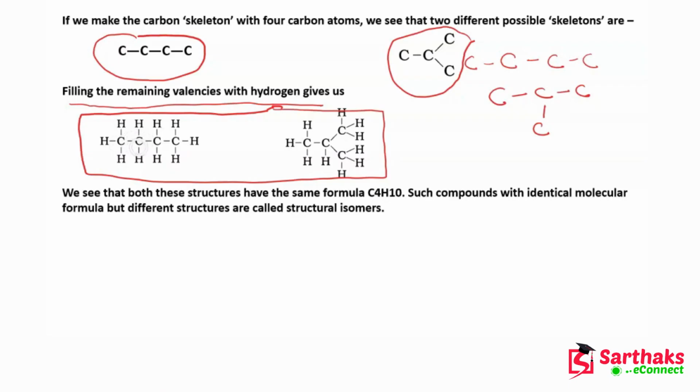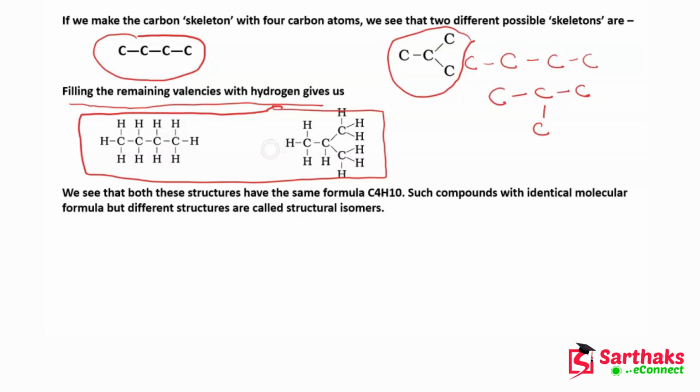Here also you can see that all the valencies of carbon are satisfied, 1, 2, 3 and 4. The same way the valencies of this carbon are complete, and the last carbon atom's valencies are also satisfied.